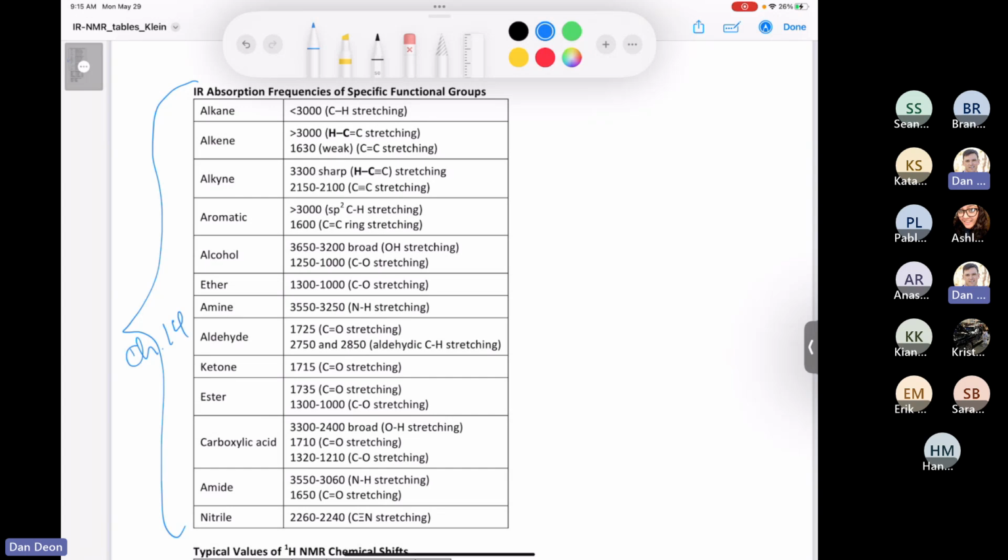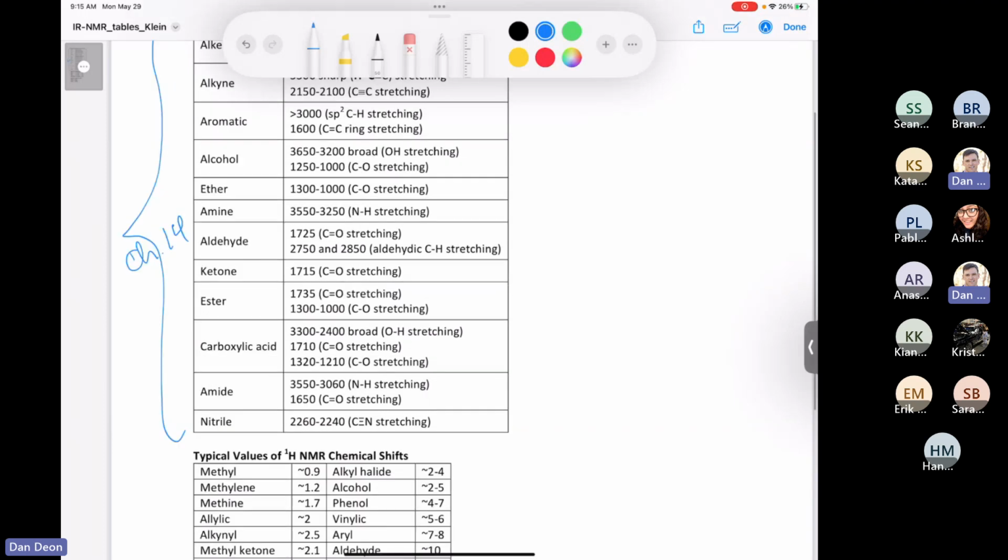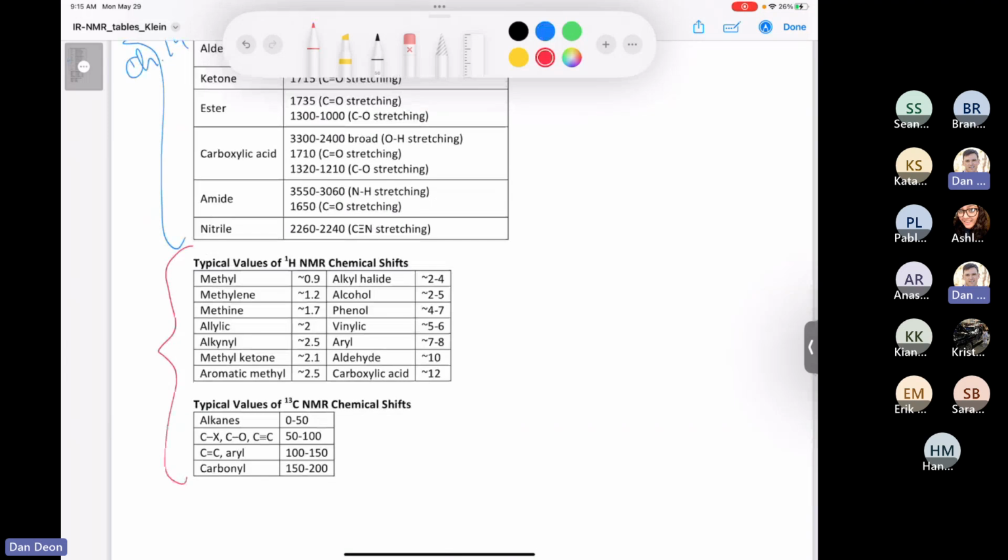So whenever you hear me referring to a table, I'm always referring to this table, which gives you all of the IR absorption frequencies, which we're going to go over in some detail today. The second part of the table is for chapter 15. However, I leave it on here because later on we're going to need this part once we get to chapter 14.